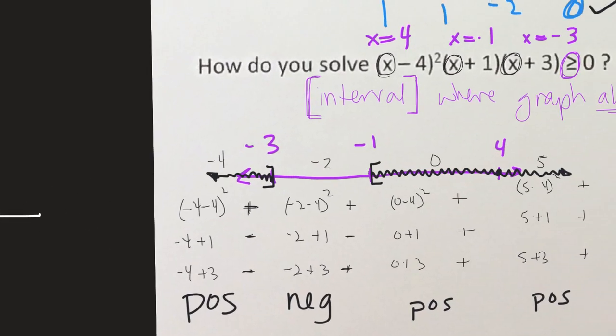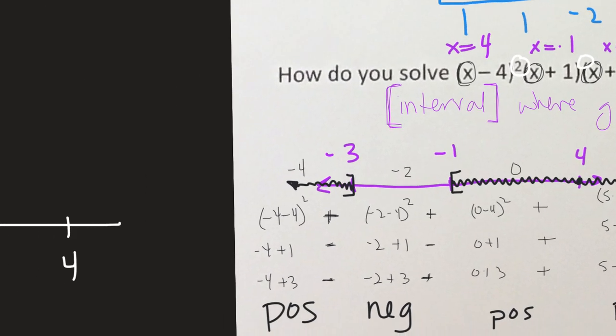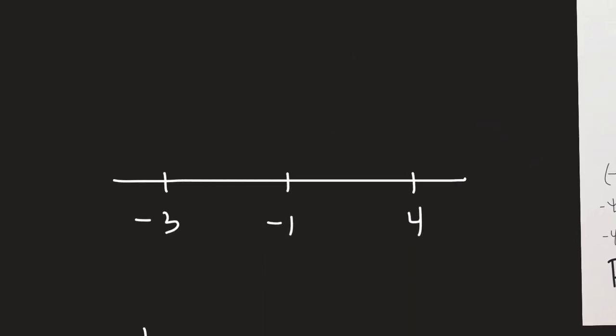We still have our negative 3, our negative 1, and our positive 4 intercepts. But what is the power? I have a 2 plus 1 plus 1, meaning this is a 4th degree polynomial, right? It's an even polynomial. So we should be expecting your end behavior to go up to infinity on both ends of your graph.